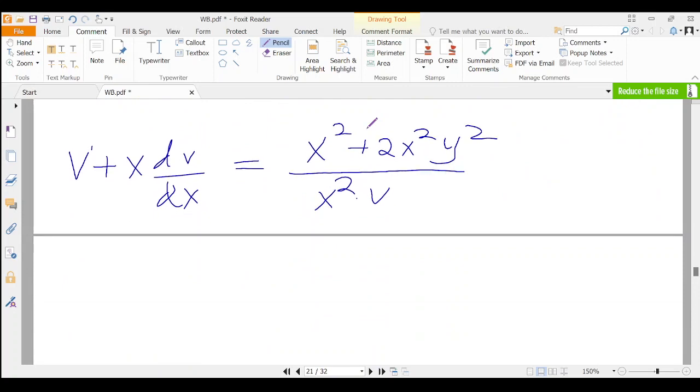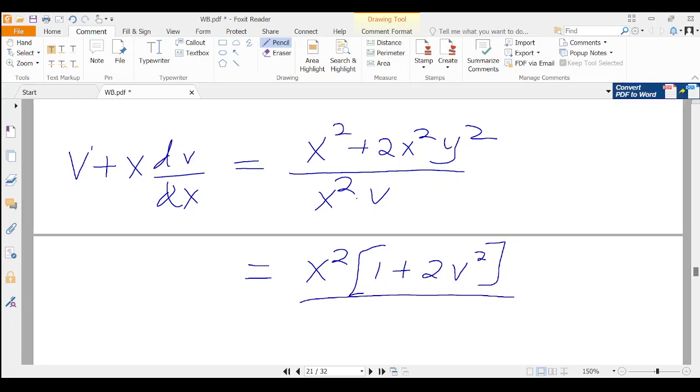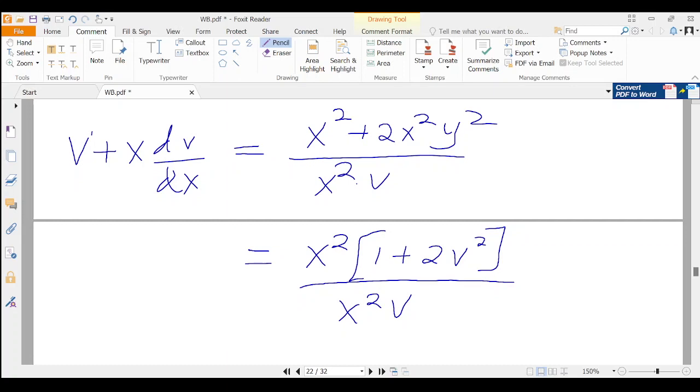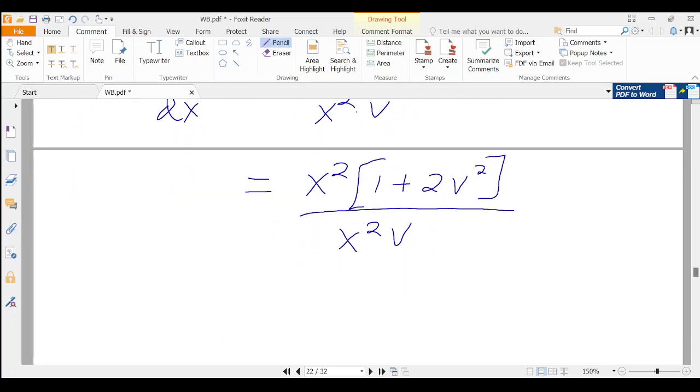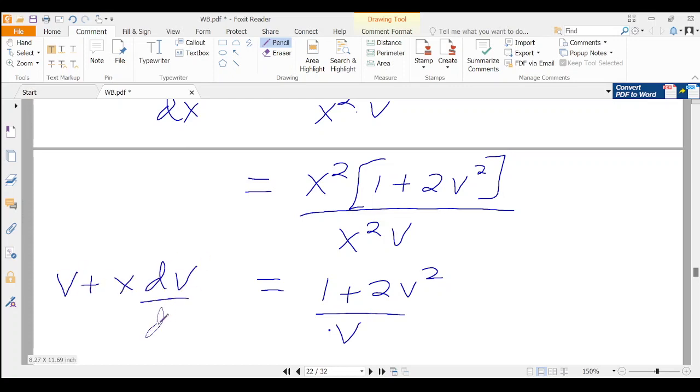Now, in the numerator, we factor out x squared, so we get 1 plus 2v squared. And in the denominator, we have x squared times v. So x squared cancels out, and we get 1 plus 2v squared divided by v. And this is equal to v plus x dv by dx.